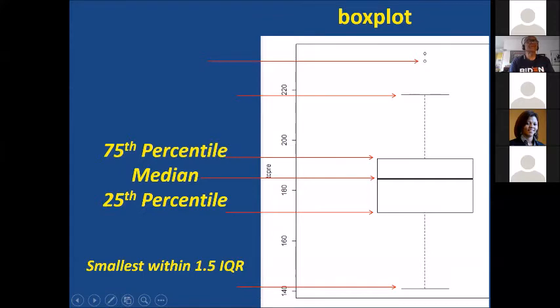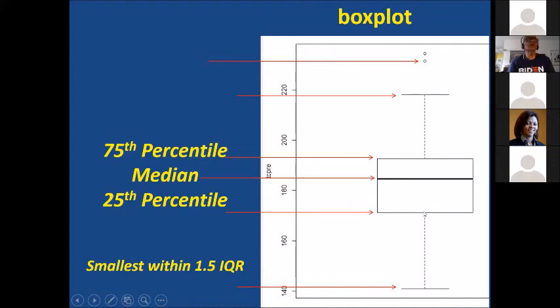And then this is a little bit tricky. It goes 1.5 IQR. The thought is that even if the data are not normally distributed, if they're reasonably distributed, all the data should be within 1.5 IQR. This is the IQR, and it goes 1.5 IQR out away from the box. And that should really hold all the data.